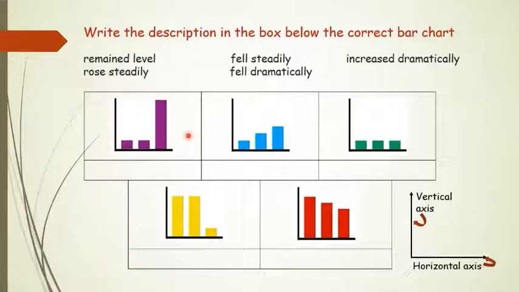Now let's try to find out the correct phrases that we could use to describe these different types of graphs. The first one, you see a kind of sudden increase. To describe this kind of chart, we have to use the phrase increased dramatically.